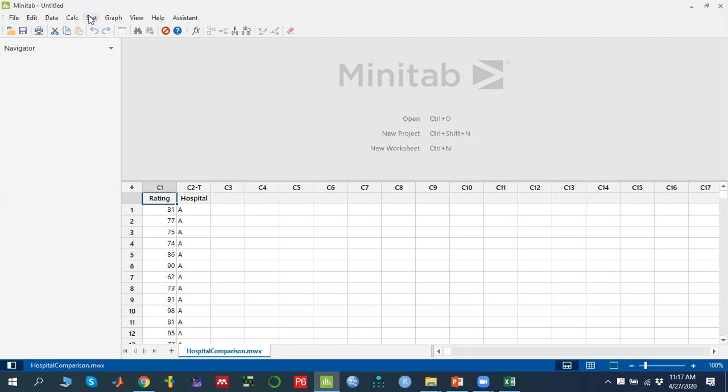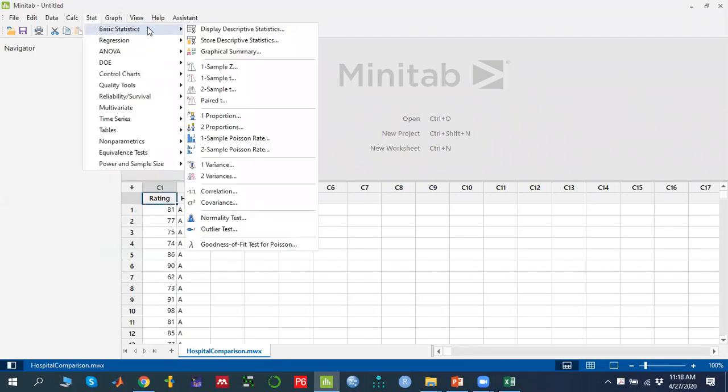So how can we do that? We go to Stat, Basic Statistics, and Normality Test. I click on the normality test and select rating.